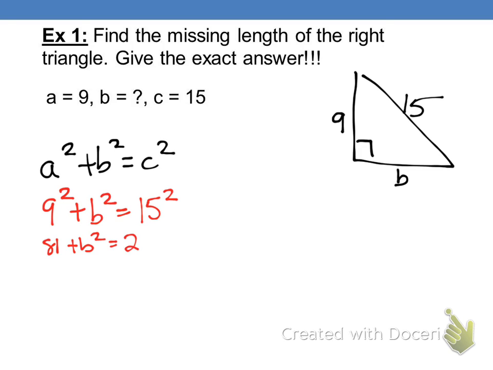This is what, 225? All right, then what? Subtract the 81 from both sides. B squared equals what? 144.